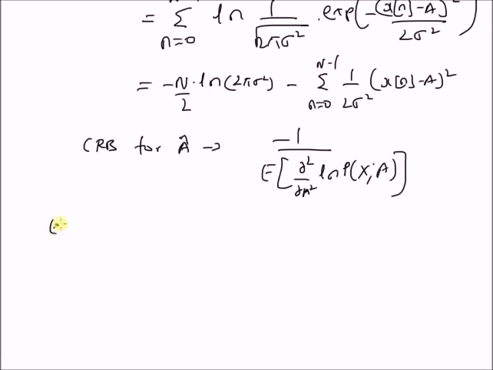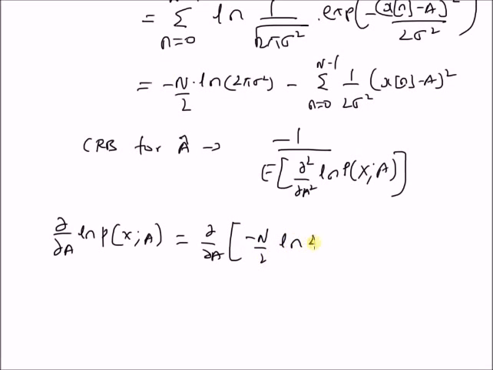So for the expectation of the second derivative, the derivative of the log likelihood function is given by the derivative of this sum, which is minus N by 2 logarithm of 2 pi sigma squared minus the summation, n = 0 to N-1, of 1 by 2 sigma squared into (x[n] minus A) whole squared.